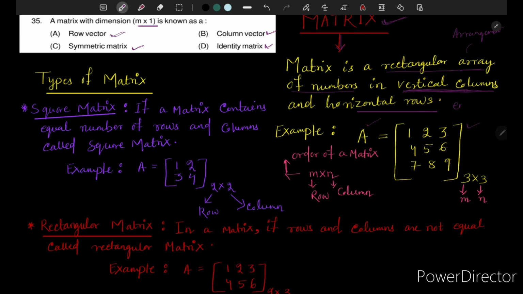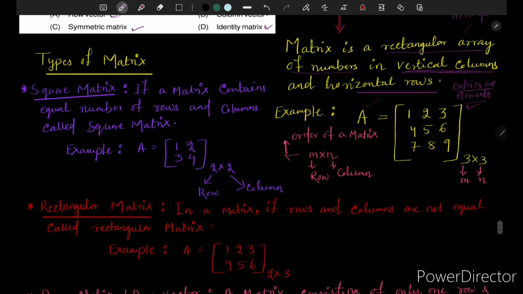These numbers 1 to 9 are called the entries or elements of the matrix. Here we have 3 rows and 3 columns. So this matrix is a 3 by 3 matrix.